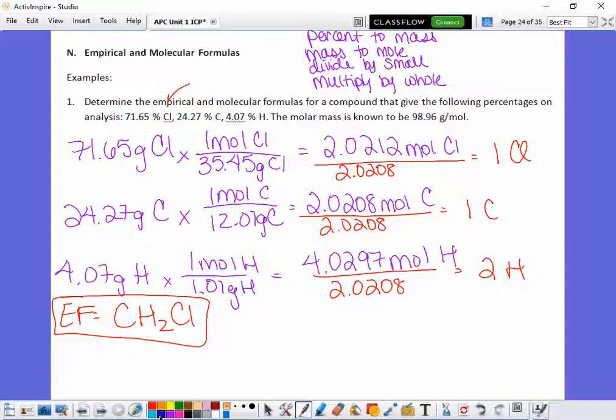Okay? It'll still be this ratio, but it might not be this simplified form. So to find the molecular formula, we're given the molar mass of the molecular formula. We have to find the molar mass of the empirical formula, and then divide and multiply through. So go ahead and calculate the molar mass of this empirical formula.